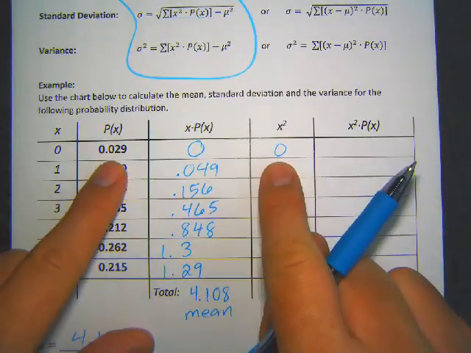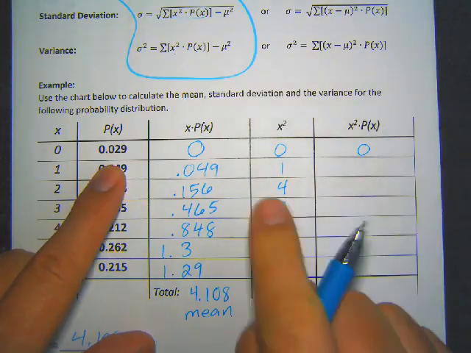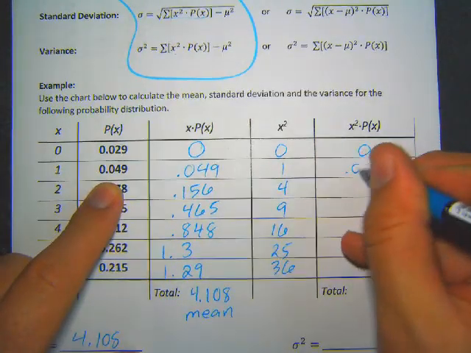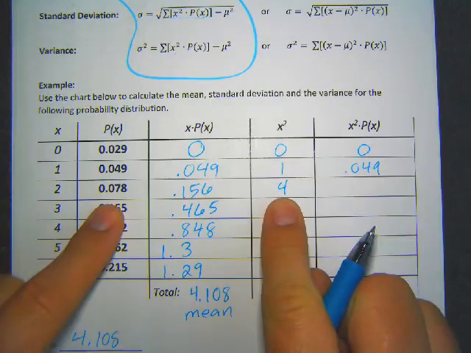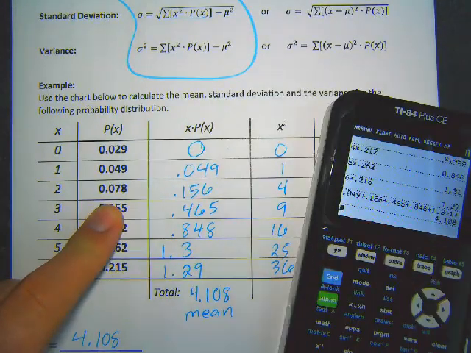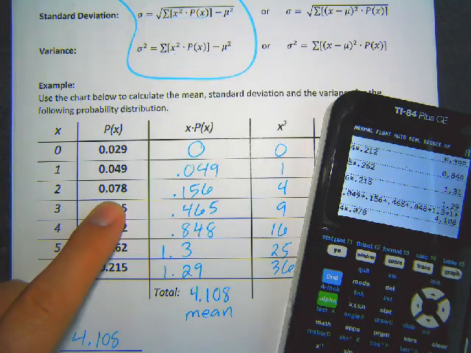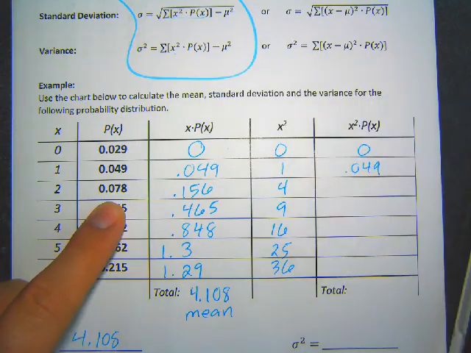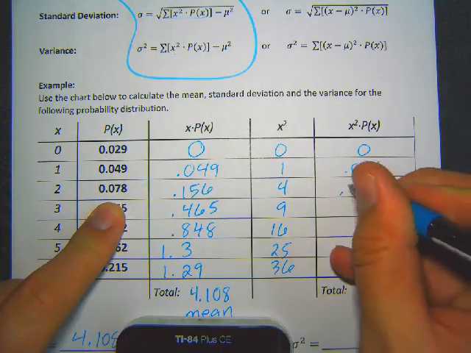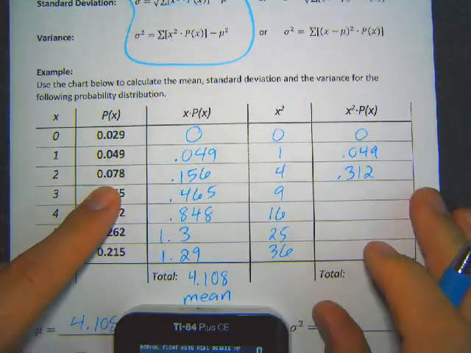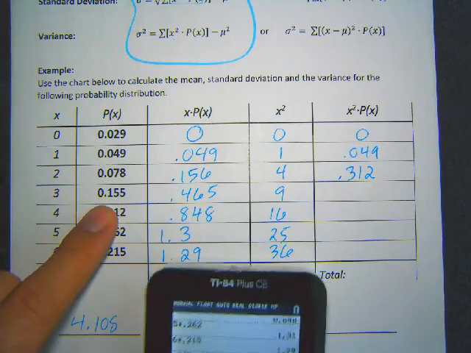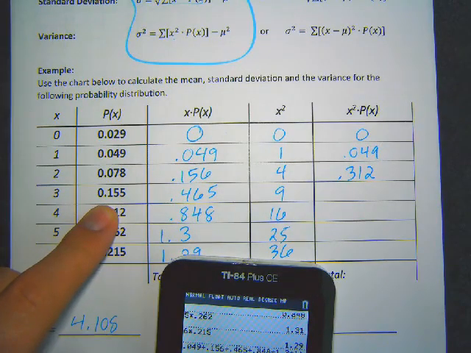So I do 0 times 0.029, that's still 0. 1 times 0.049, that's still 0.049. When I do 4 times 0.078, we get a different result. So 4 times 0.078, and we get 0.312. I'm going to do the next one. So 0.155 is going to be multiplied by 9.